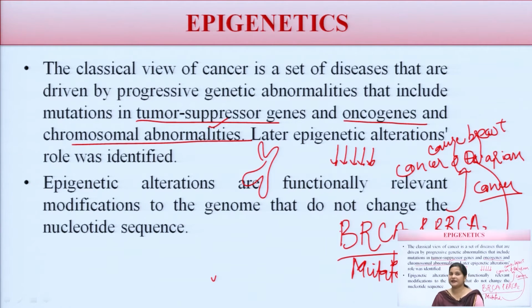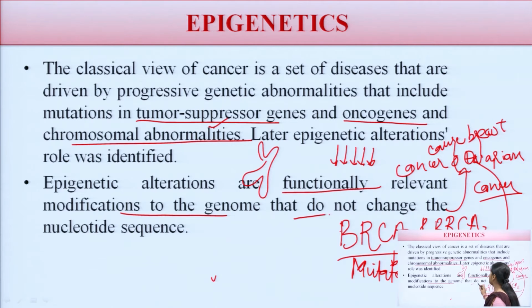So, epigenetic alterations are the functions relevant to the modification of the genomes that do not change the nucleotide sequences. So, what are epigenetic alterations? Epigenetic alteration just modifies the genomes and does not modify the nucleotide sequences.